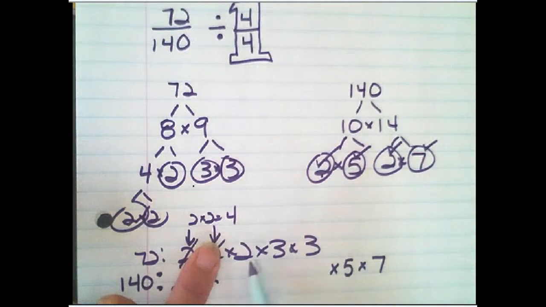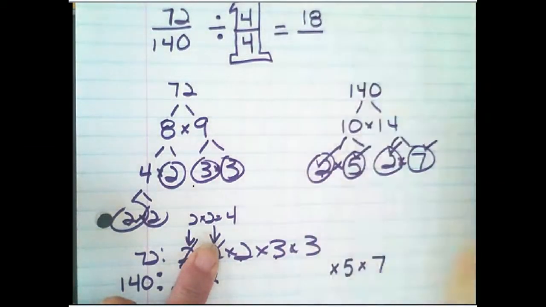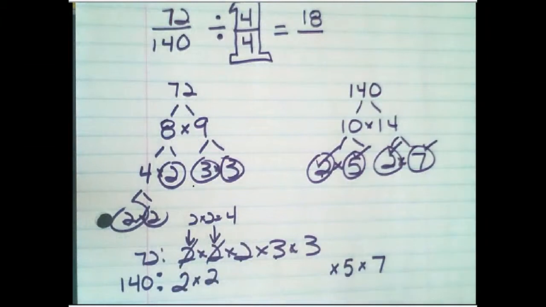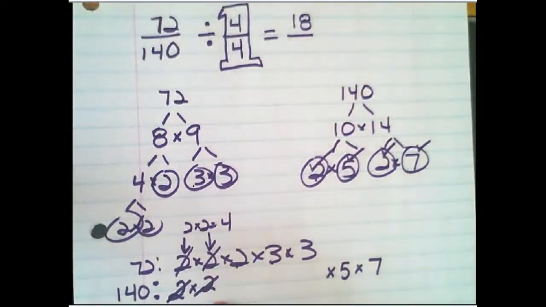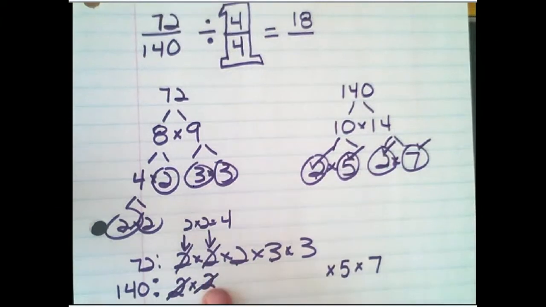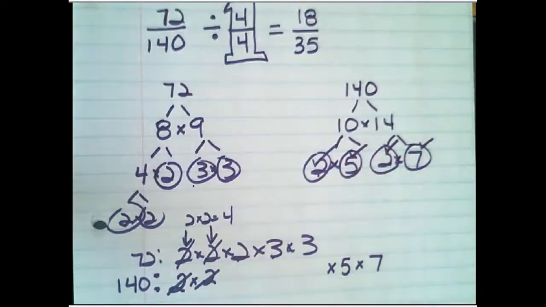My resulting answer is 2 times 3 times 3, which is 2 times 3 is 6, and 6 times 3 is 18. So my new numerator is 18. If I use that same idea for 140, remember we divided out the 2's, I have to divide out the same thing on the top as I would on the bottom, and they have to be the only common factors. But when I do that, I just have 5 times 7, which is 35. So 72/140 can be reduced to 18/35.